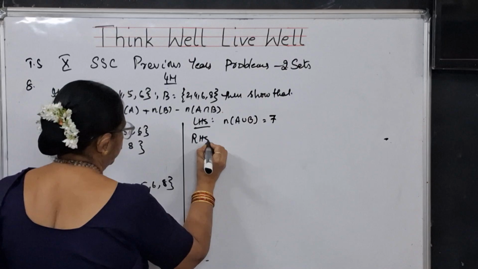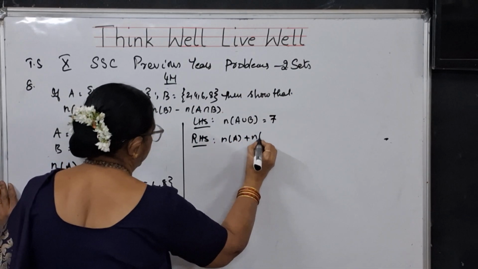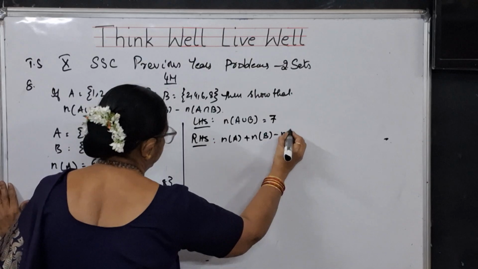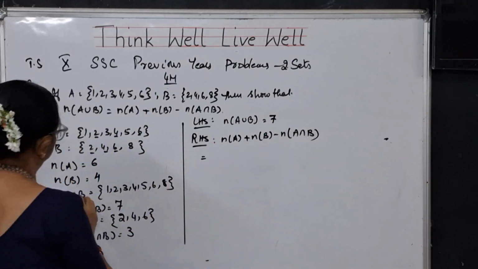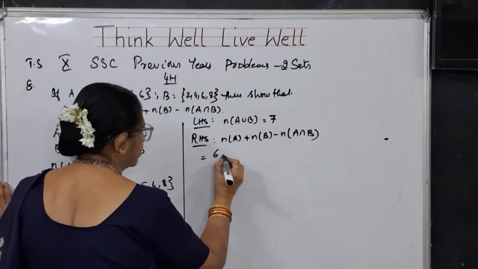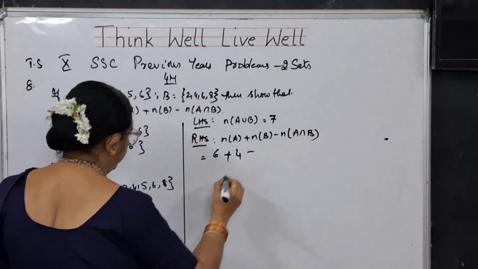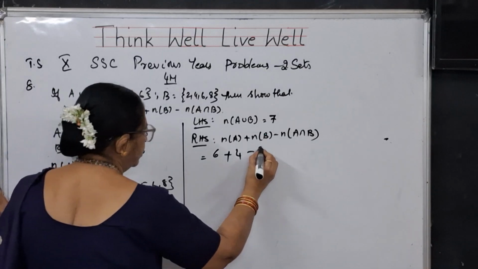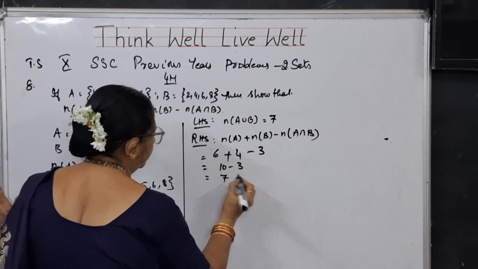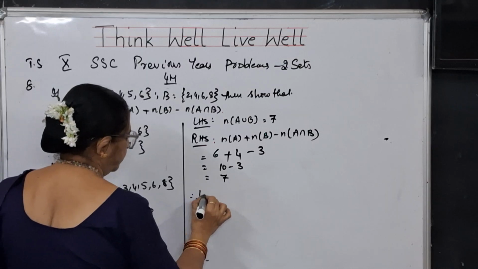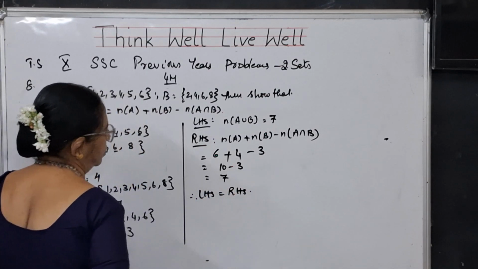So what is RHS? n of A plus n of B minus n of A intersection B. n of A is 6 plus n of B 4 minus n of A intersection B 3. That means 10 minus 3, that is 7.